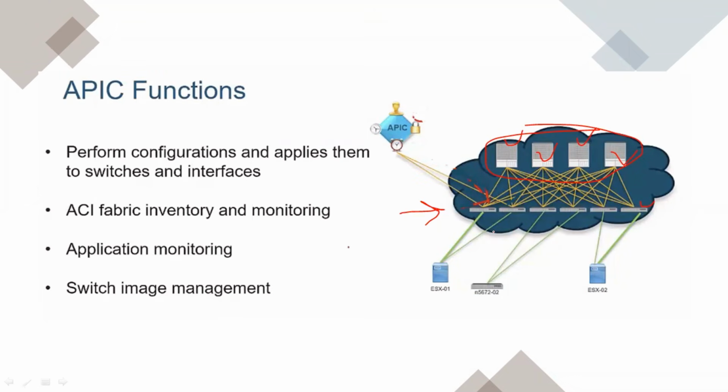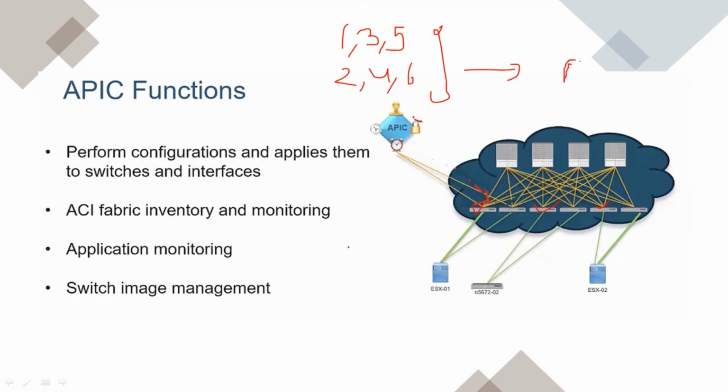In a data center environment, most of the switches are always in a VPC, and we generally connect into the VPC because of the redundancy or HA. So I'll upgrade the 1, 3 and 5 switches at one time, and the 2, 4, 6 switches the second time, and then my critical leaves, which are my border leaves.